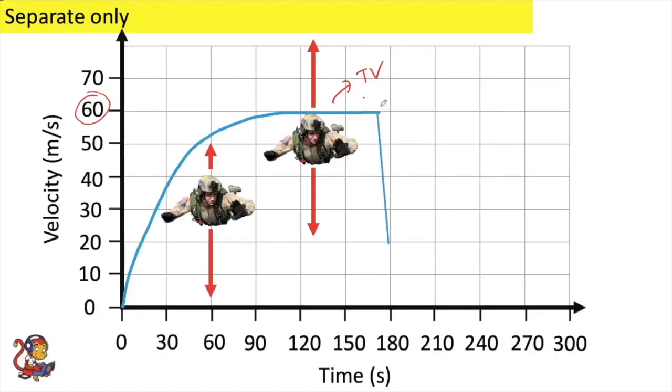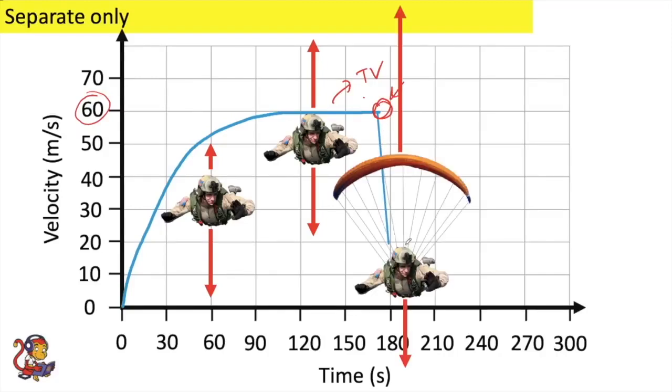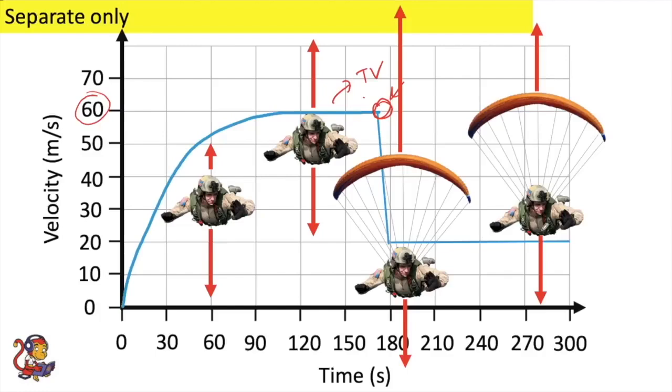Then after his parachute opens at this point here, he would have a large deceleration until he reached his final velocity, again another terminal velocity here, because the forces become balanced again. So relating the force diagrams to motion graphs will be something that you might have to do.